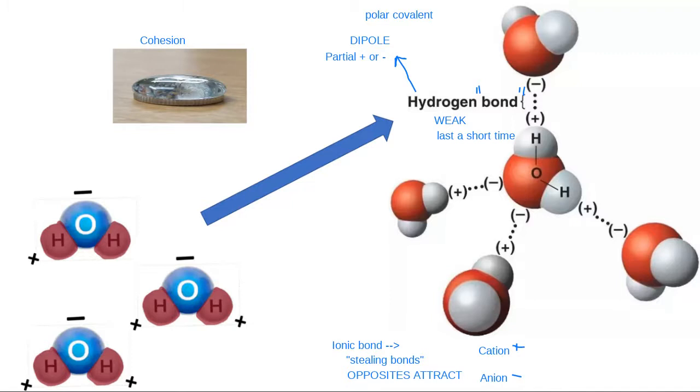Hey, we also talked about kind of the opposite of polar covalent bonds. We also talked about non-polar covalent bonds. How would we describe what happens in a non-polar covalent bond? What's going on with my electrons in a non-polar covalent bond?